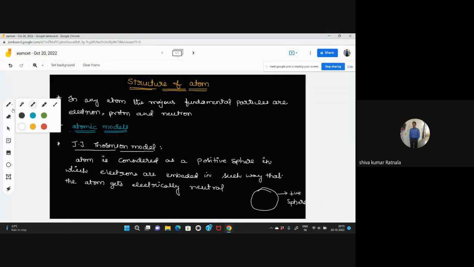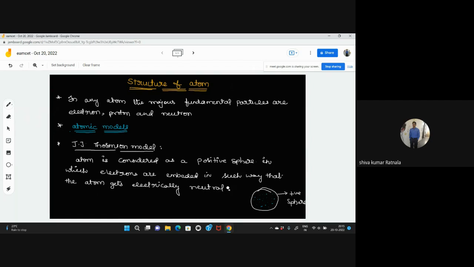In that, the electrons are embedded like this, without any specific direction. Just electrons are embedded so that however much positive charge is there, the same amount of negative charge will also be there, so that the atom is electrically neutral.